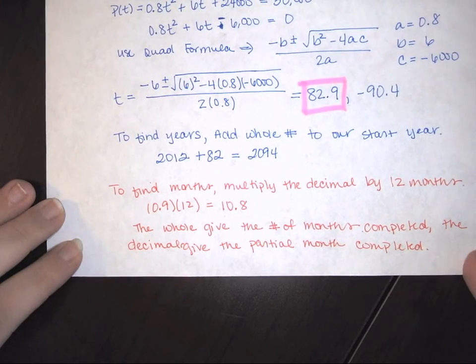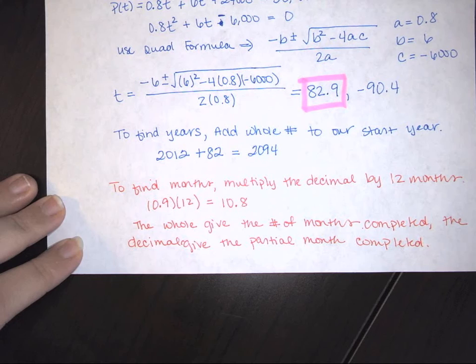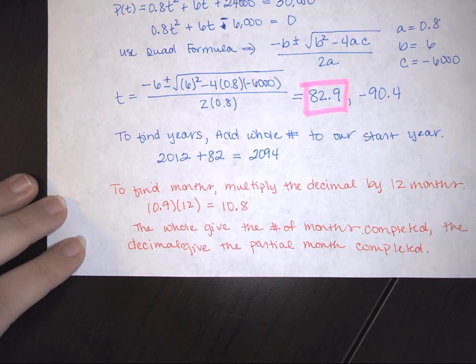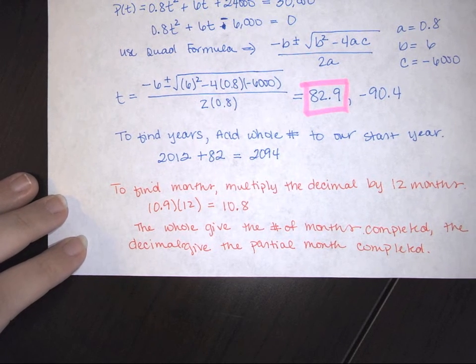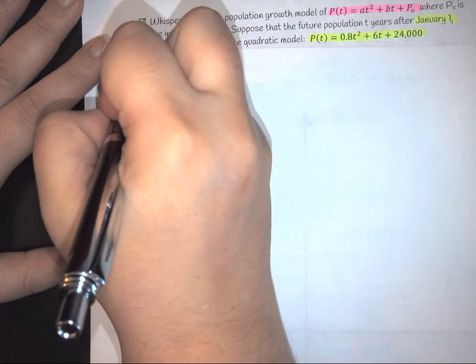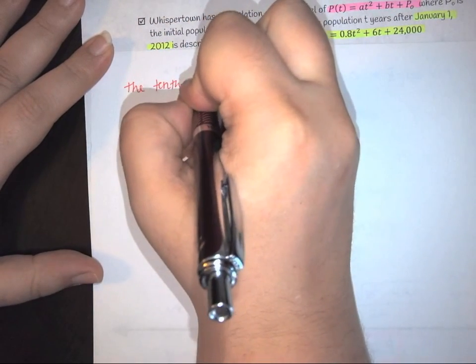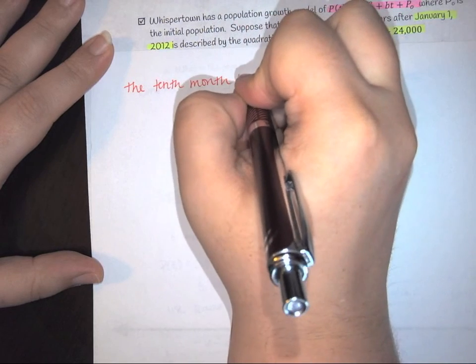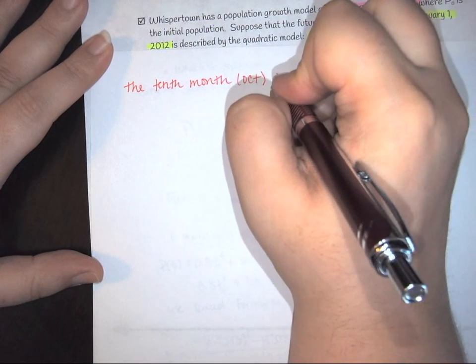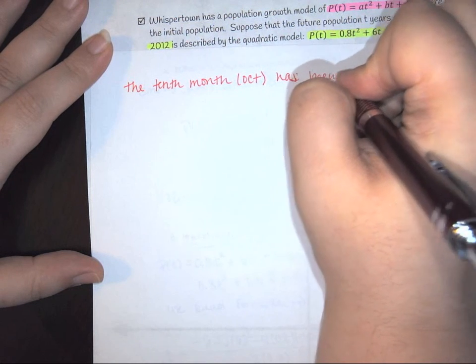Okay, so what does this actually mean? Well, what this actually means is that if you think about your months, okay, the 10th month or October has been completed.